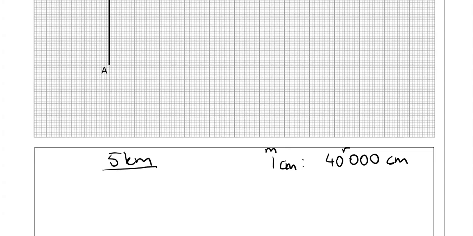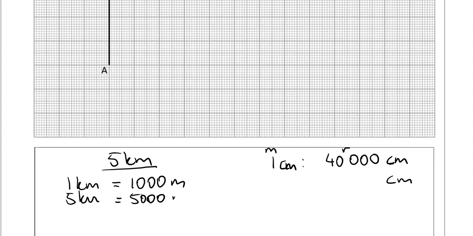I'm going to convert that into centimeters and plug it in here so we can work out how many centimeters the whole journey should be represented on the map or on the graph. So the 5 kilometers, let's convert them to meters first. 1 kilometer is equal to 1,000 meters, so 5 kilometers will be equal to 5,000 meters.